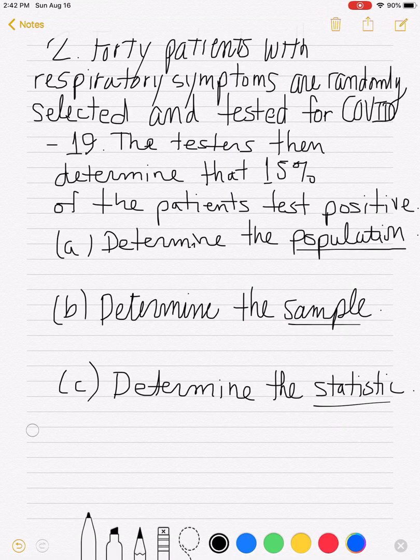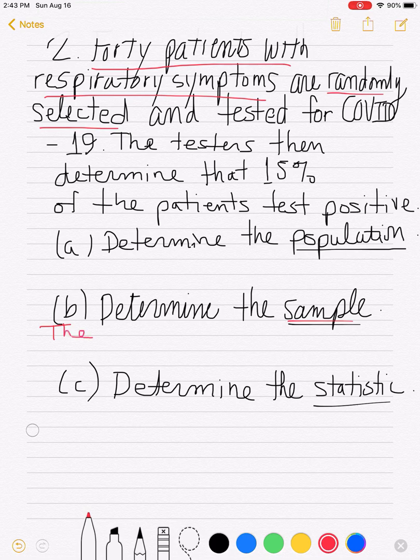All right, I think the easiest thing to find here is the sample. What is the sample? Anytime you hear the words randomly selected, that's going to be your sample. So we're randomly selecting what? A subgroup of 40 patients with respiratory symptoms.